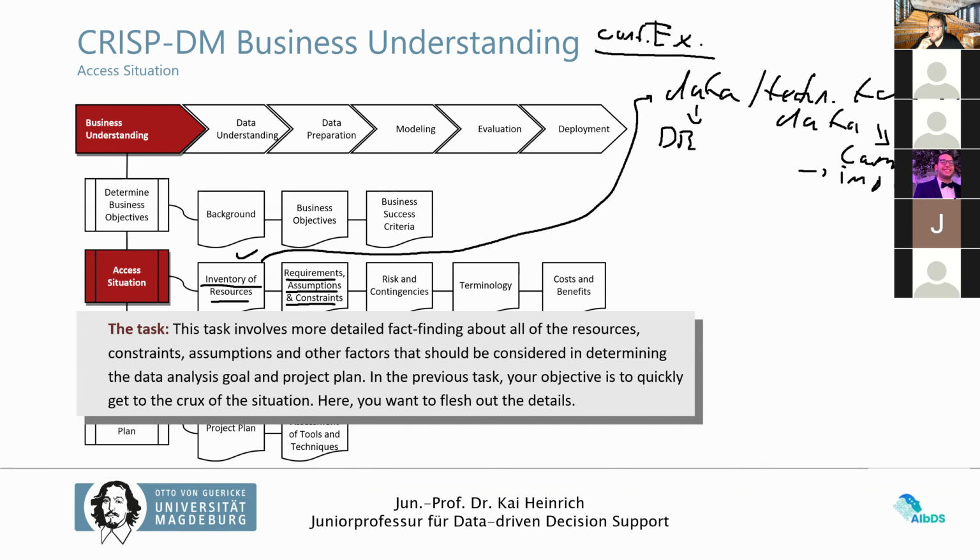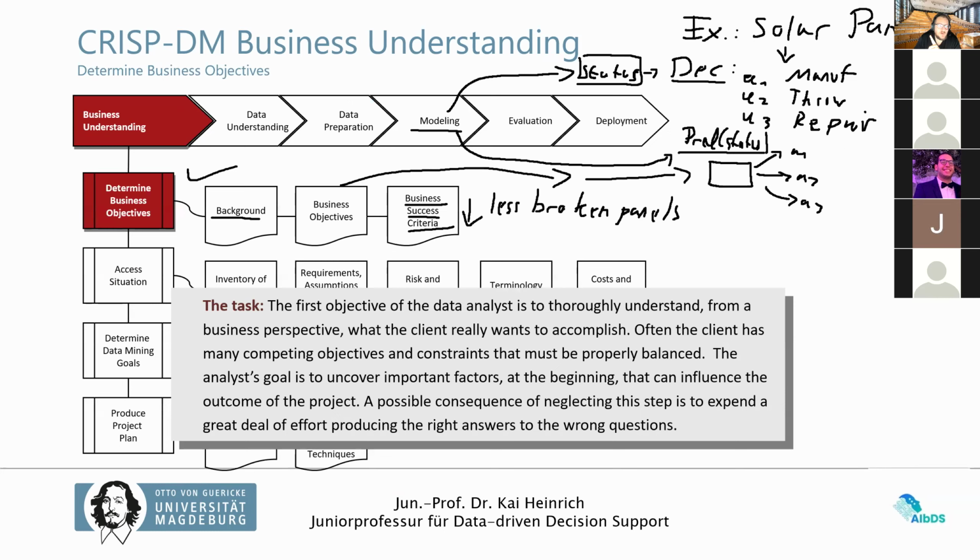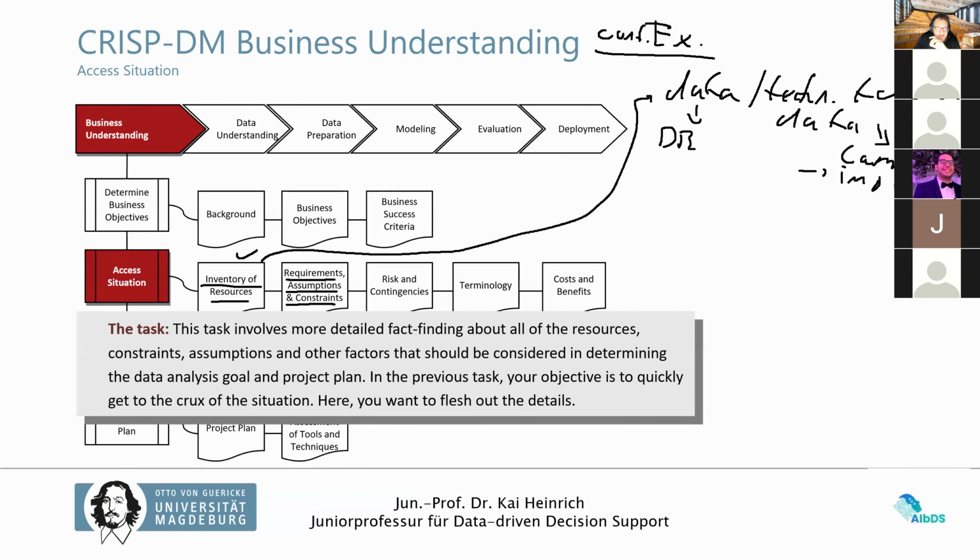Okay, now your task. You know the background. I just told you the background. In the background, they will tell you about the manufacturing process of the solar panels. So I will tell you a little bit more. The production is that they start with some material and they have, let's say, 10 production steps. And in each of these steps there is a camera.